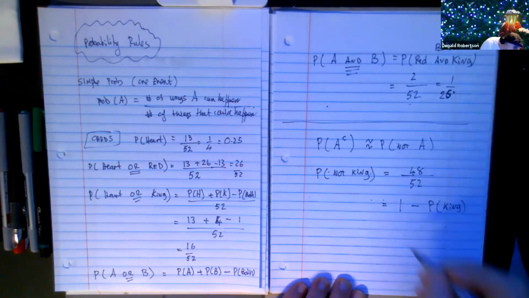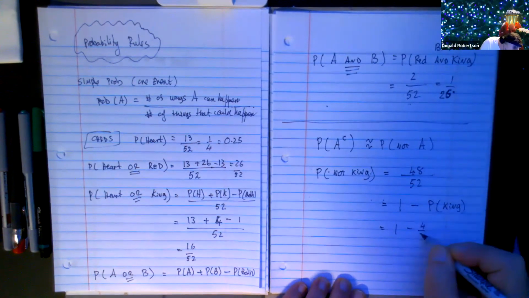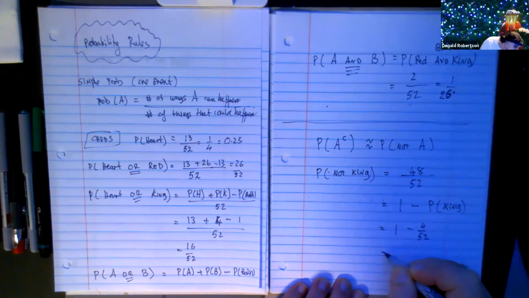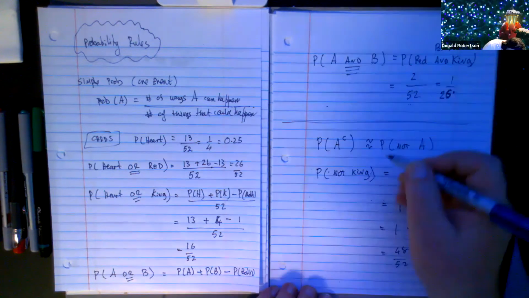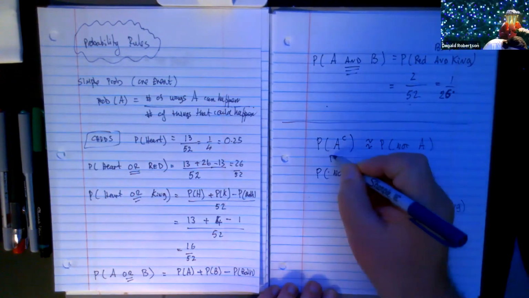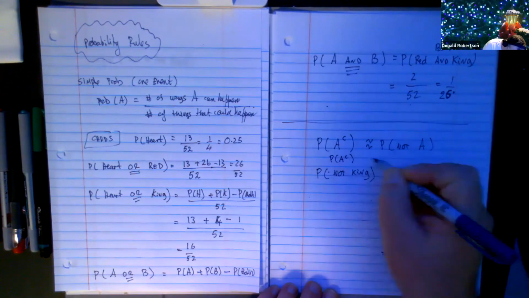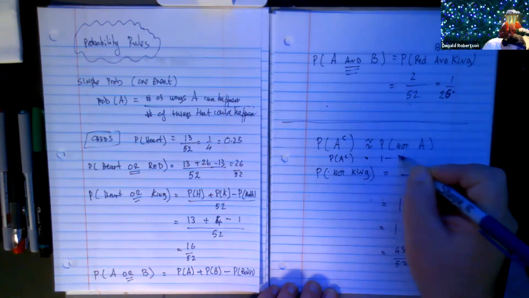And that's actually a little bit less work. So the probability that it's not a king, that's what A^C is. And so what does it look like as the formula for a rule? It's 1 take away the probability of A.